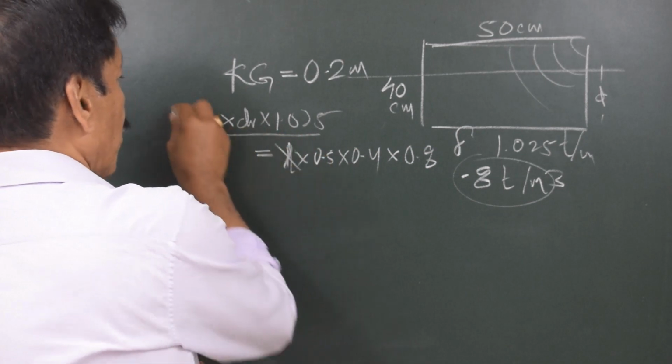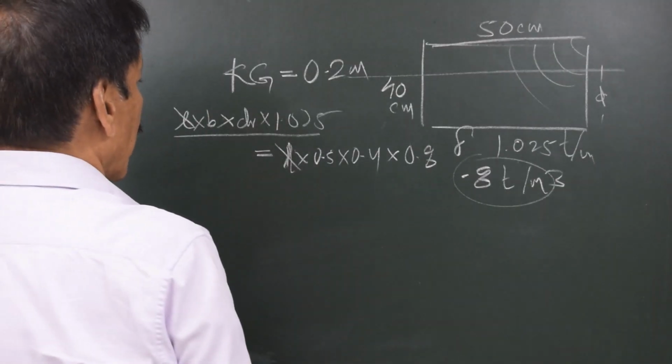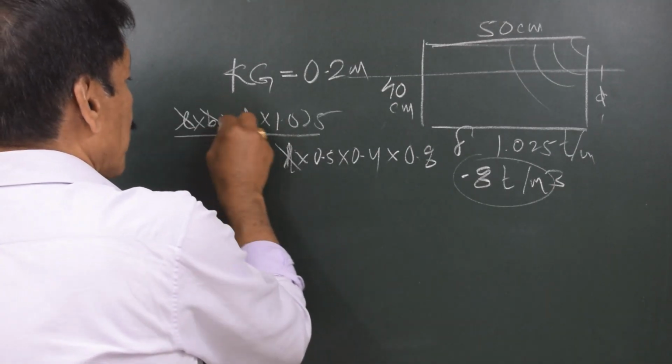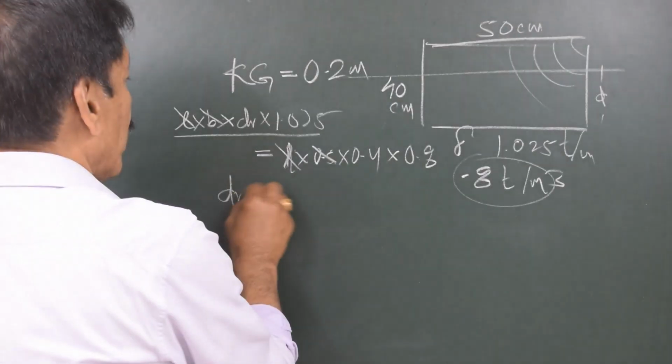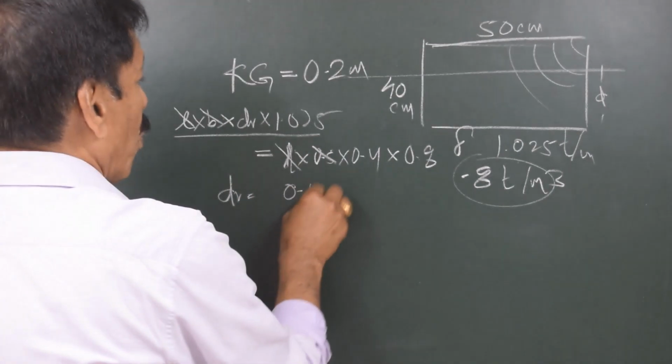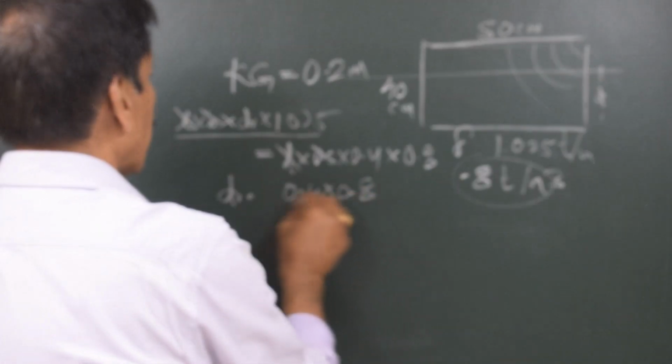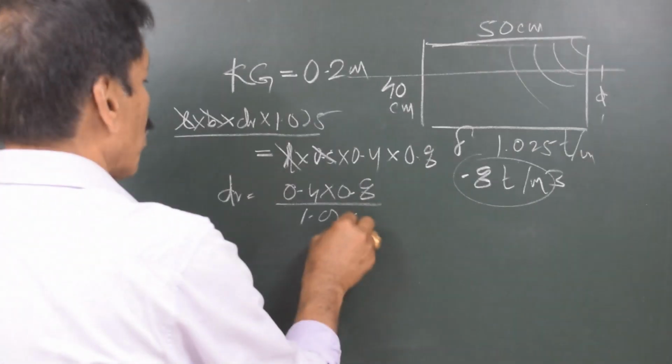L gets cancelled from both the sides. Now B also gets cancelled from both the sides. So we have the draft equal to 0.4 into 0.8 divided by 1.025.